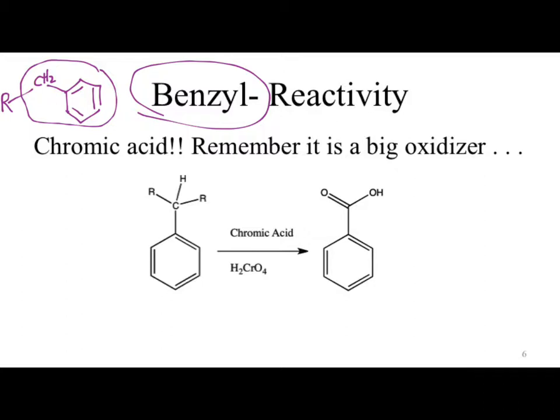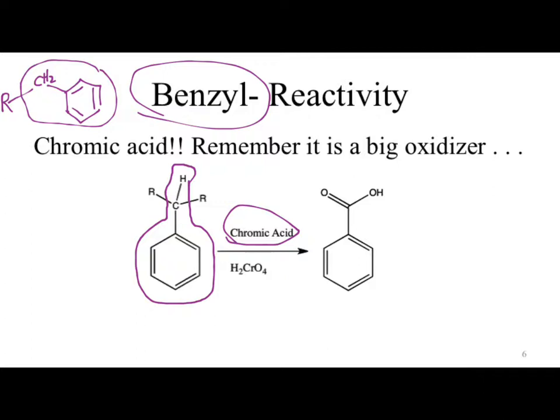We get some interesting reactivity with that position. We'll address some, well, actually we probably won't address that much of it. If we take a benzyl structure, so if we find at the very least a hydrogen attached to the carbon that's attached to the ring, and we add chromic acid, remember your chromic acid was that really strong oxidizer that completely oxidized alcohols all the way down to carboxylic acids.